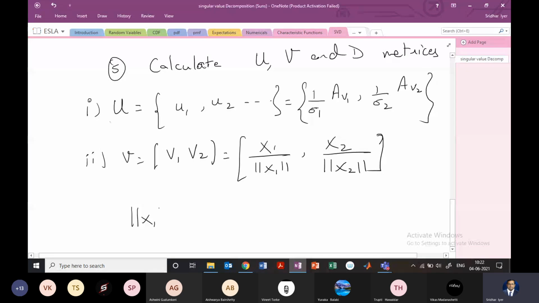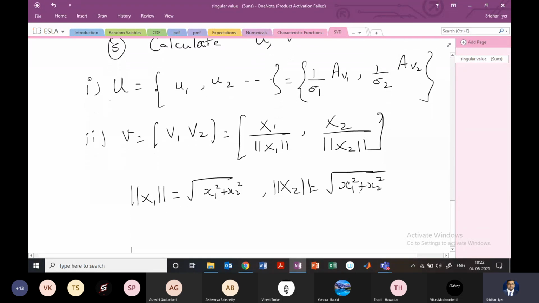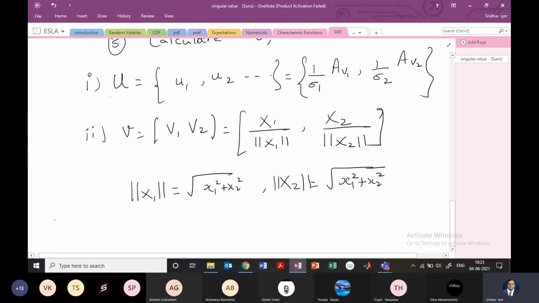And this modulus x1 will be root of x1 square plus x2 square, and modulus x2 will be root of x1 square plus x2 square. So you're finding the square root of the addition of the square values.